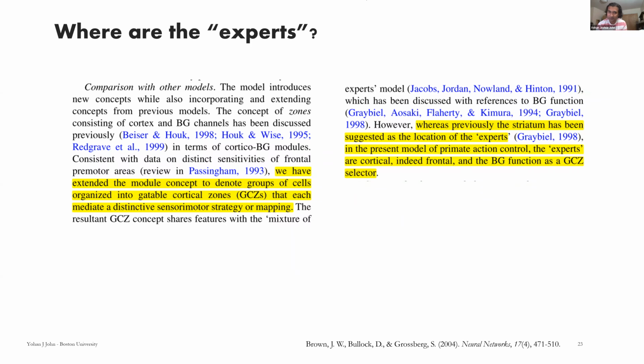What does it mean? We're not talking about muscle fibers. It's something at a much more abstract level, and even the cortical GCZ that wins, or that is allowed to be active or more active as a result of this thalamic disinhibition, will complete the job by picking something specific.